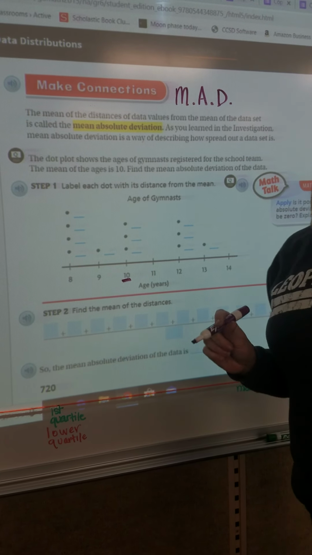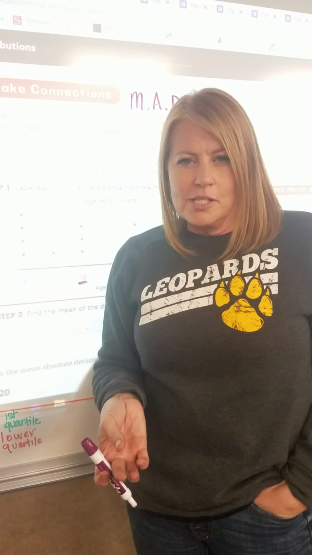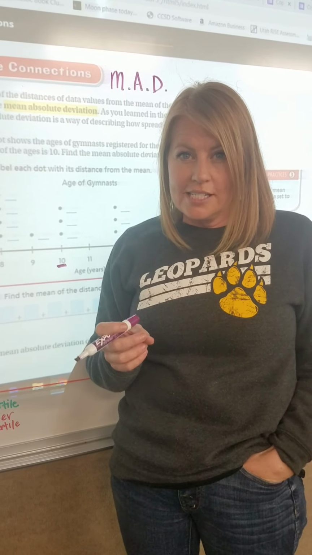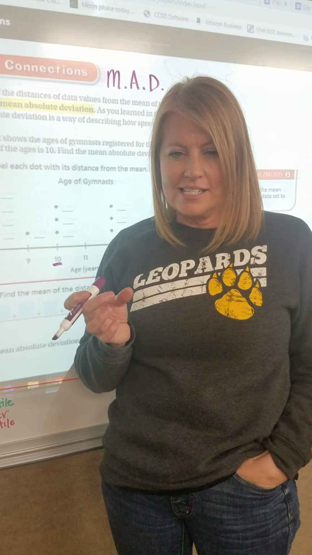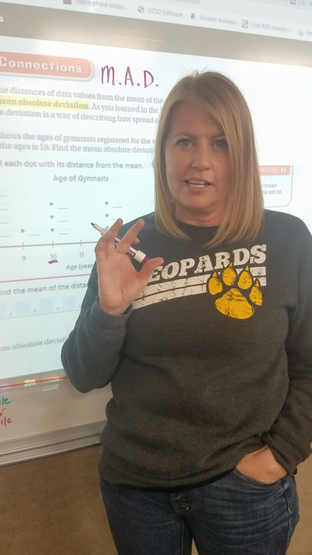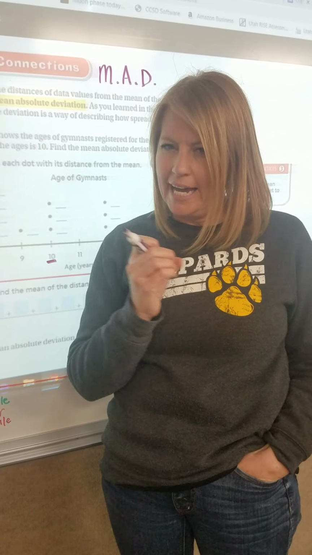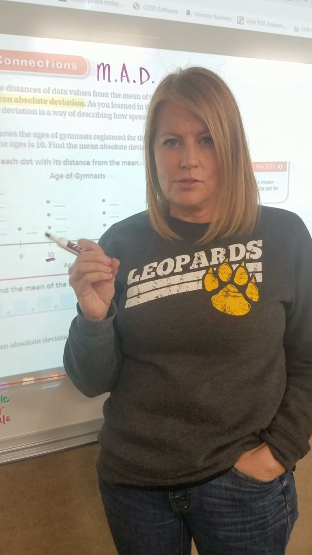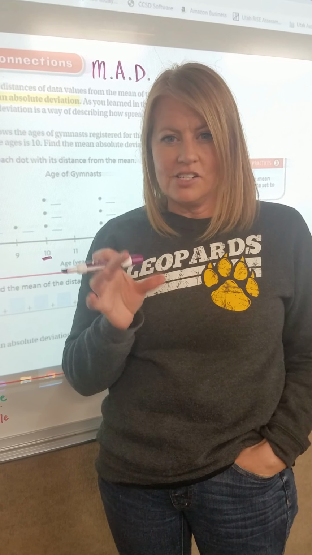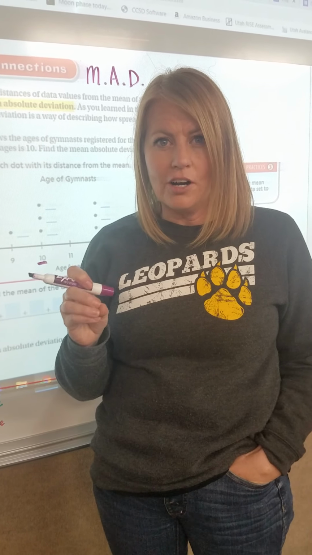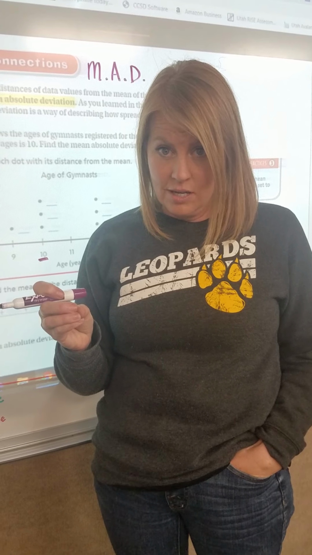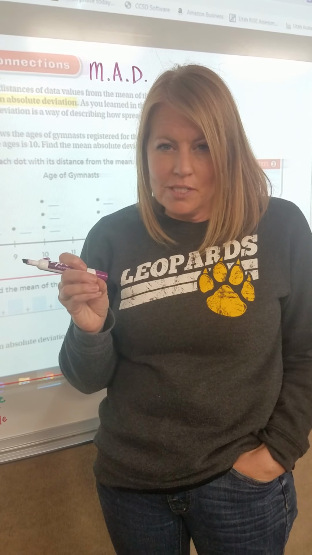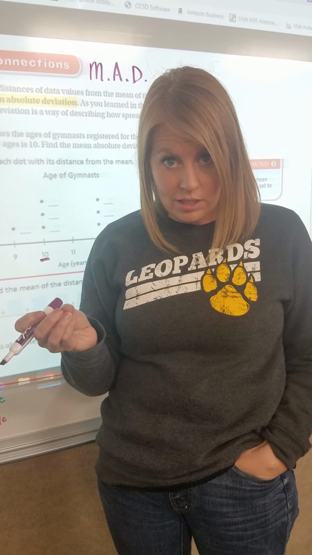Now that word deviation, boys and girls, is similar to the word deviate, and to deviate means that you have moved away from the plan. So when we're talking about mean absolute deviation, remember when we talked about absolute value?